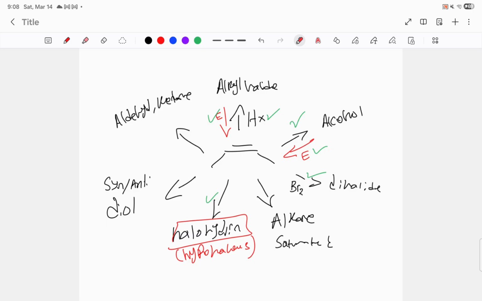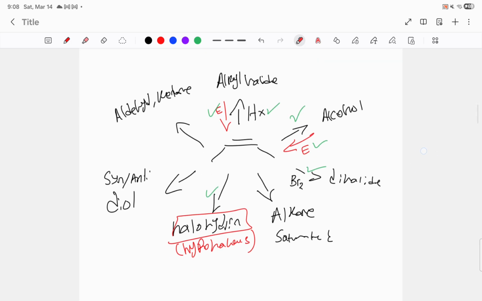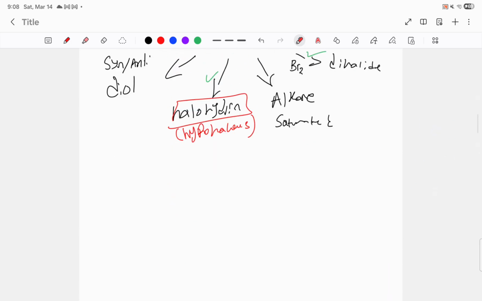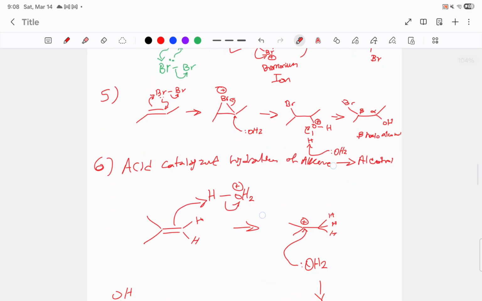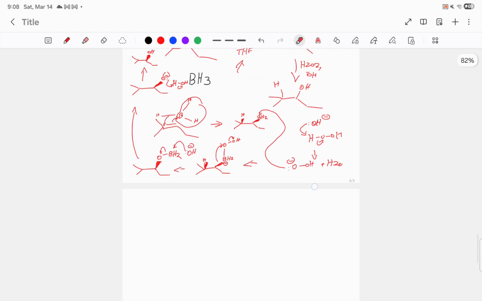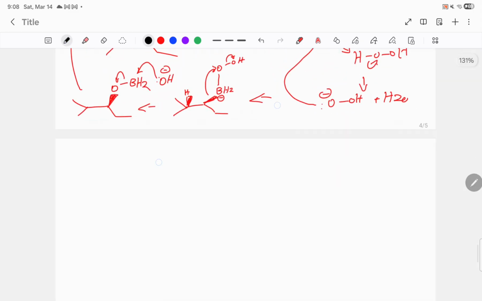The next reaction I'm going to get you guys to take a look at is forming an alkane. So a saturated alkane can be formed from an alkene, and it is done by use of a metal catalyst. And I'll tell you there's two methods to do this. We'll take a look at the other method a little bit later. Or actually, maybe not.